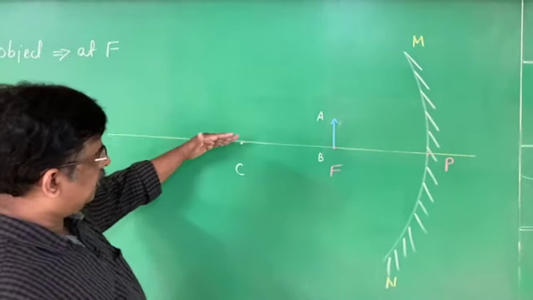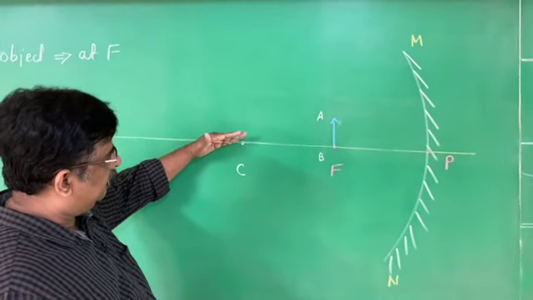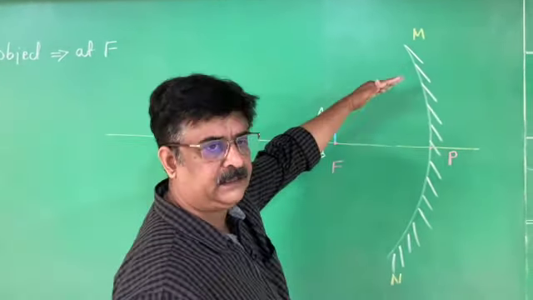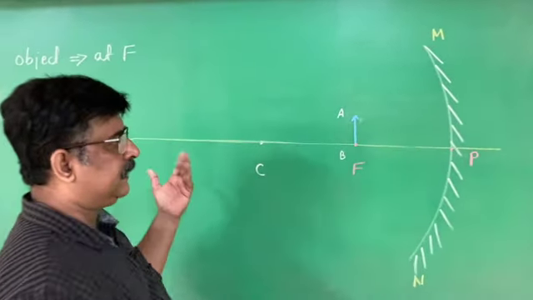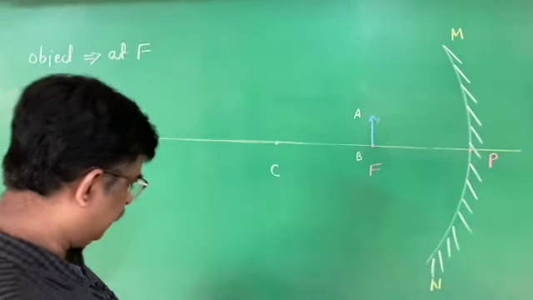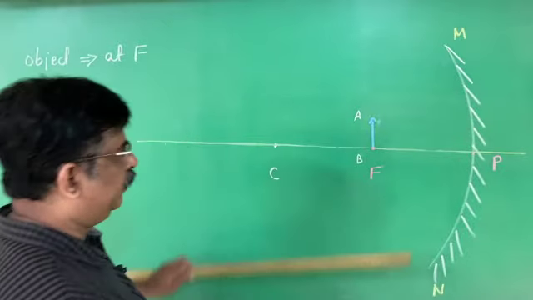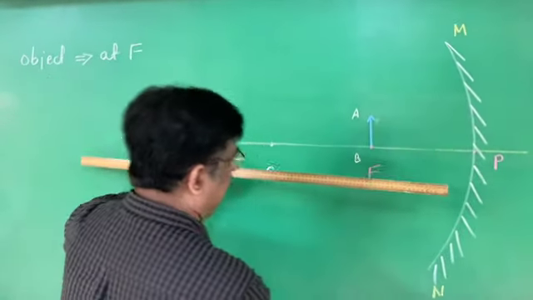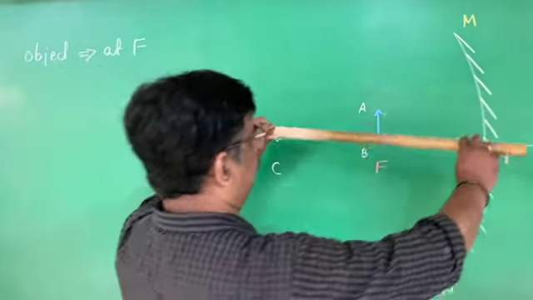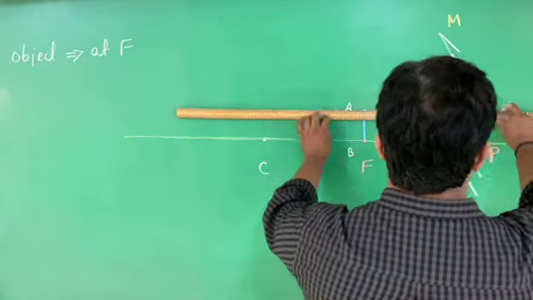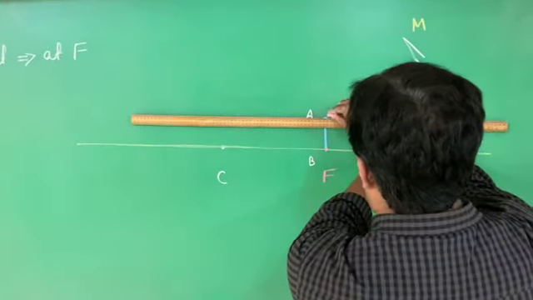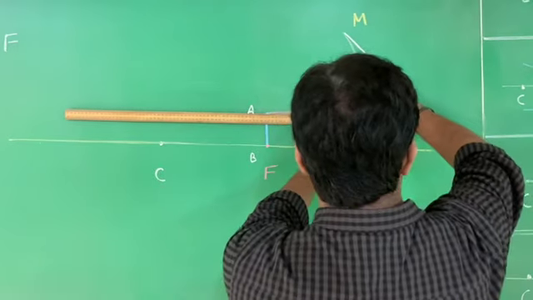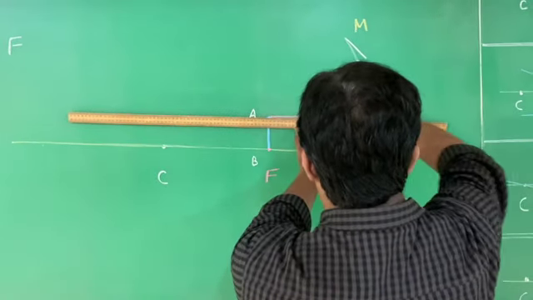And another one is the ray of light passing through the center of curvature. Both conditions are selected in the textbook. Now, what I do is, first, a ray of light parallel to the principal axis. This is parallel.